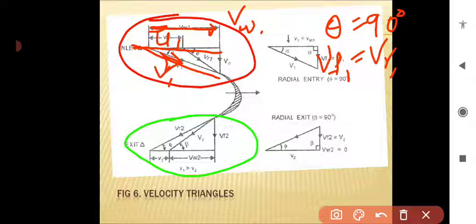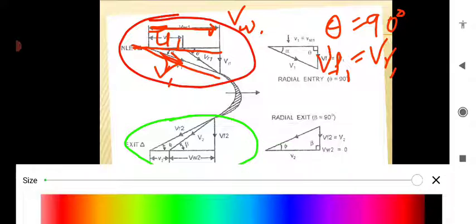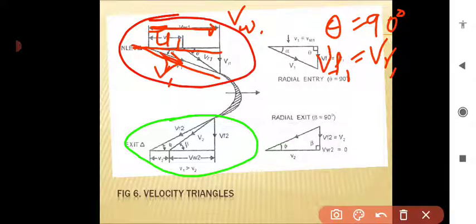Now, from the outlet triangle at exit, here V2 is the velocity at exit. Here it is the blade velocity U2, and this is the whirl velocity Vw2.